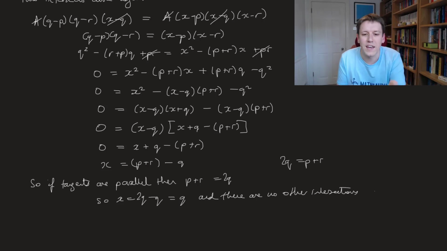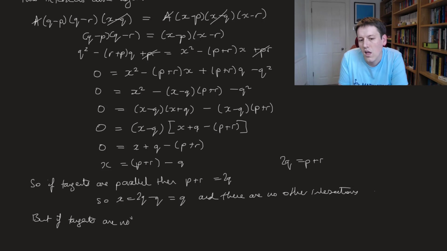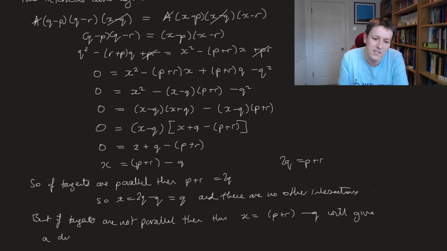Right. On the other hand, if the tangents are not parallel, then we're obviously not going to get this condition that 2q equals p plus r. Then this x equals p plus r minus q will give a distinct point of intersection.